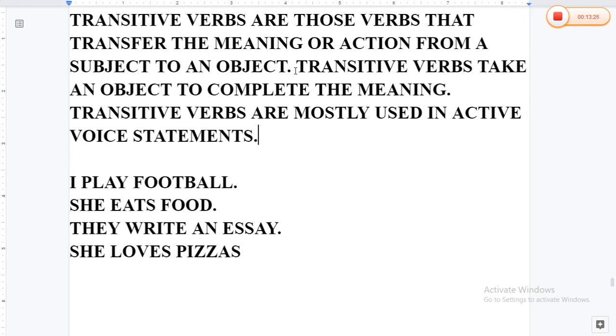Whenever there is an object in the sentence, you will call it active voice, meaning your statement is active. You use a verb which is active and which is transferring the meaning from subject to object. Is that clear, everyone?